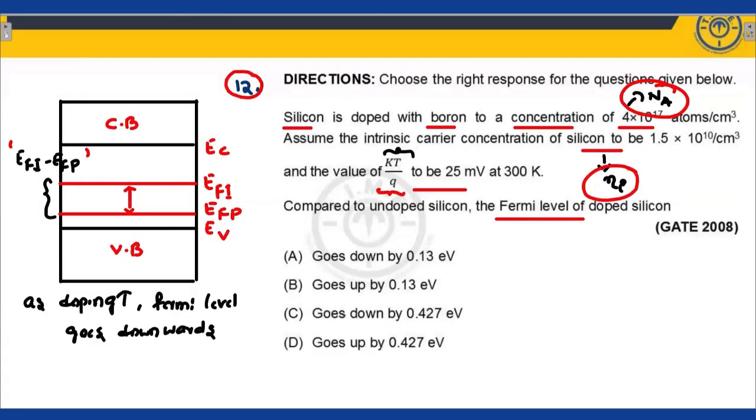So the Fermi level option itself is what, my dear students? Option is C, my dear students, over here, which is yet another important question. Just I would like to bring it to your notice, my dear students. Okay. Next question.